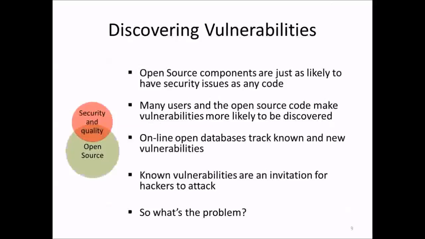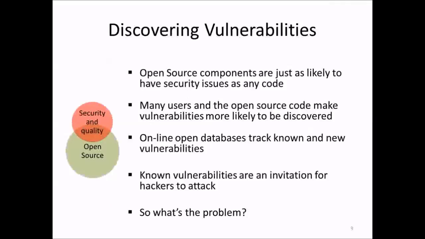Finding open source vulnerabilities is a challenge in its own right. As mentioned before, open source is like any other code, susceptible to security vulnerabilities. The fact that it's widespread and has a lot of users makes these vulnerabilities much more likely to be discovered, and to be discovered relatively quickly.